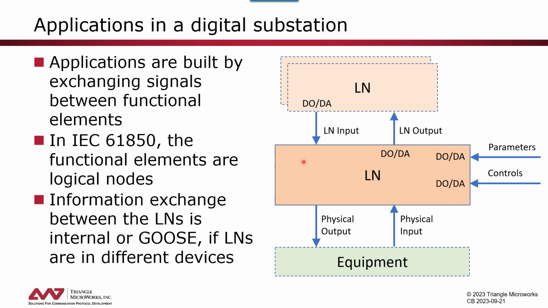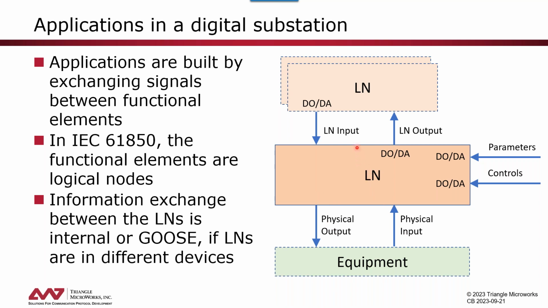Some logical nodes are interfacing process equipment, like the logical node XCBR that we have seen, which interfaces to the circuit breaker. So the equipment in that case would be the circuit breaker. So in these cases, the logical nodes are associated to physical inputs and outputs of the system.